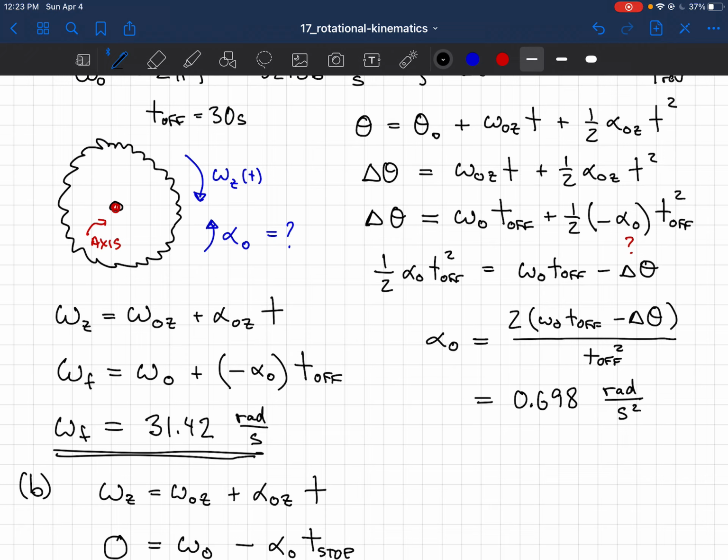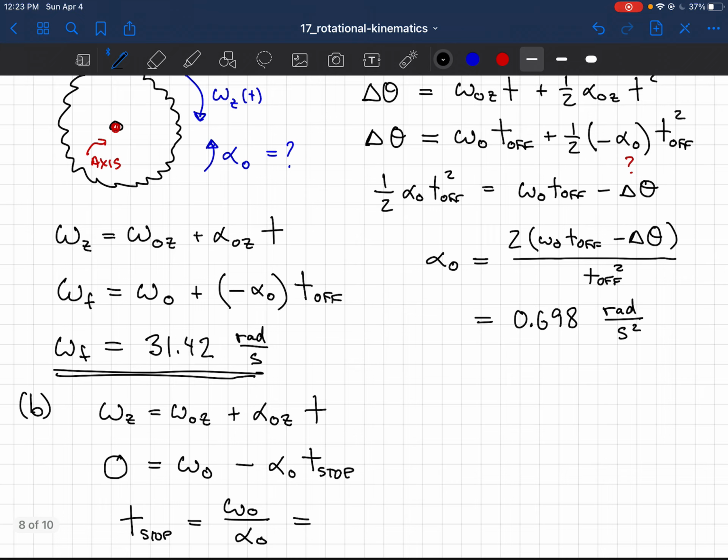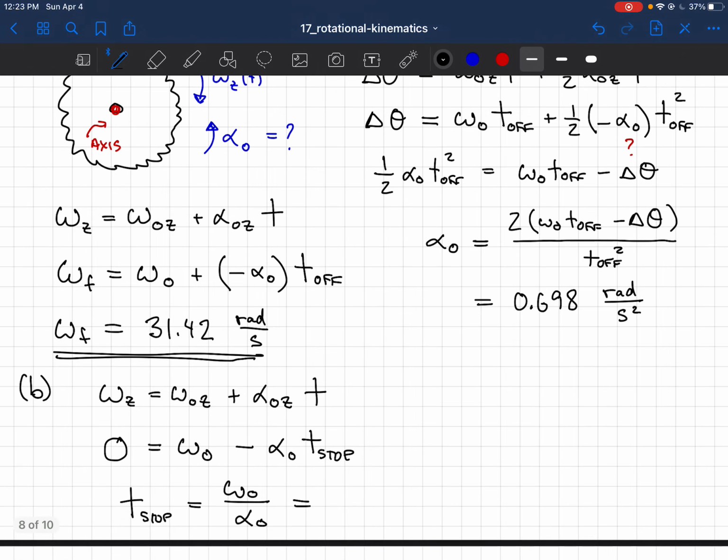And we can just plug that in. So we have 52.36 for omega naught. We divide it by alpha naught, which we found to be 0.698. And we get 75 seconds. So the radians cancel out, and the units are seconds. That's how long it takes to stop. How much angle would it go through in that amount of time?